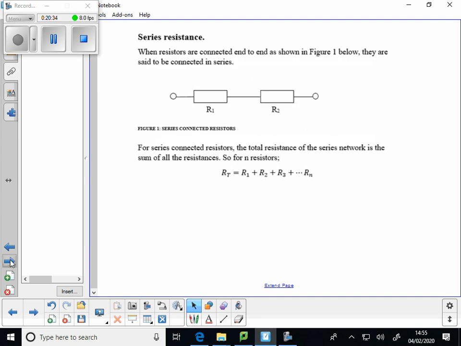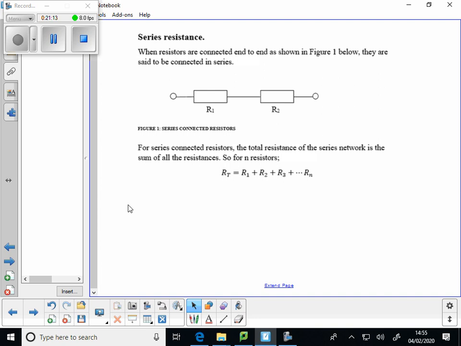Series resistance. Again, this is revision from science. However, as always, there's likelihood of a little bit of confusion popping up when we start talking about combination circuits, so we're going to go through it again. When we get series resistance, it's two resistors, for example, connected end on end. For any number connected in series, up to Rn, we just add them together.